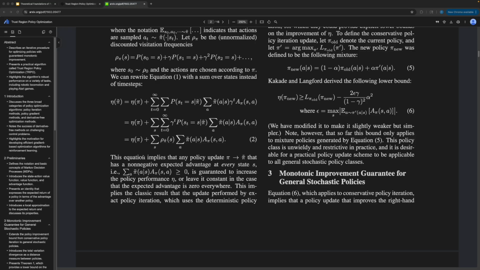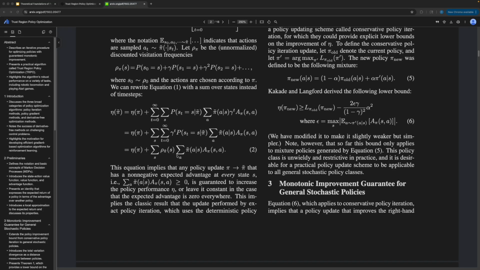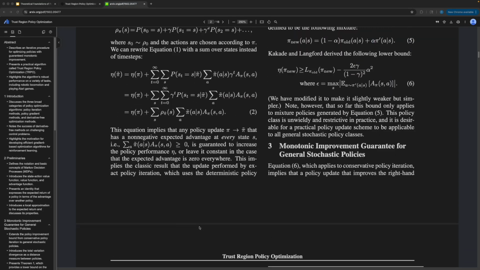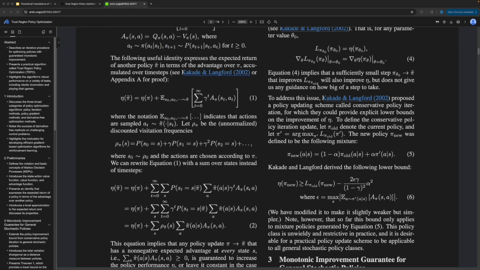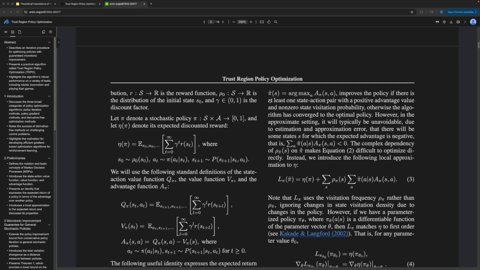It also means that the policy iteration algorithm, where you make an update just by taking a deterministic policy, would lead to an improvement, since now you make an improvement in your policy by making pi tilde of s as the argmax over all a of A pi s a.